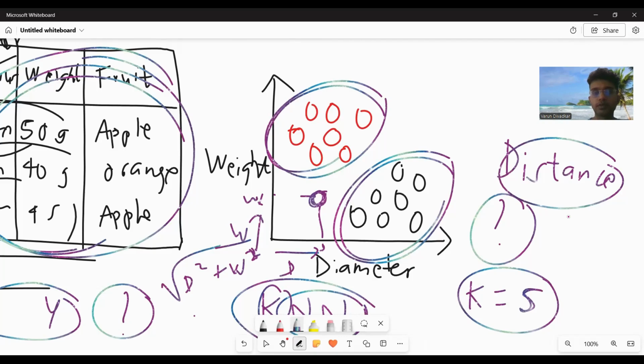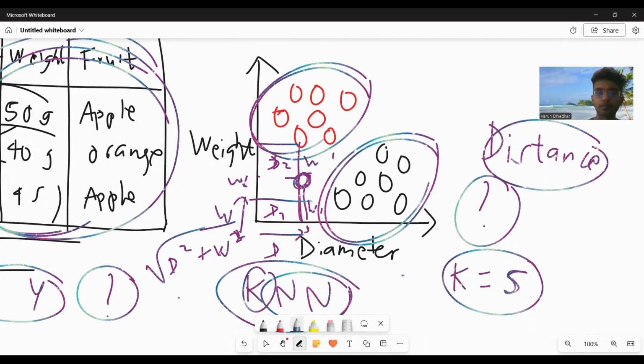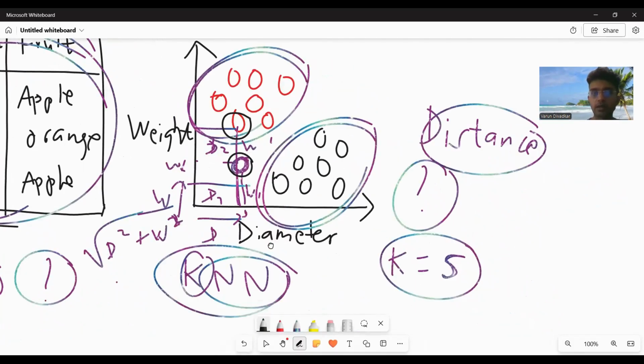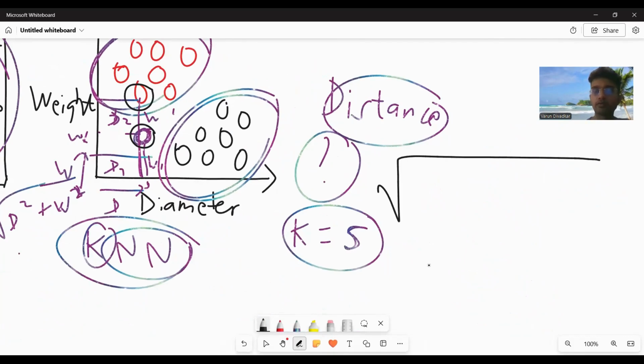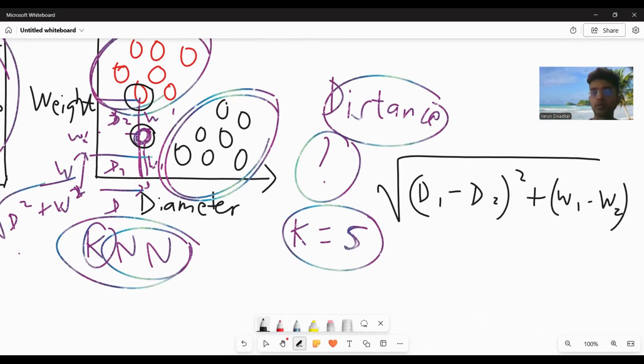Let's say this distance is D1, and the distance here with this nearest neighbor is D2. And the vertical distance is W1, and here it's W2. So basically, the distance from this point to this point is given by the square root of (D1 minus D2) squared plus (W1 minus W2) squared.